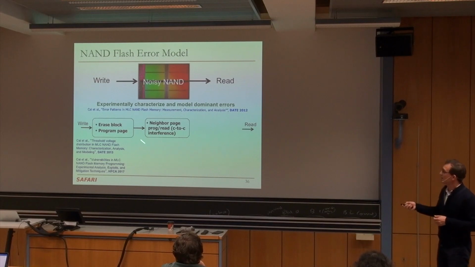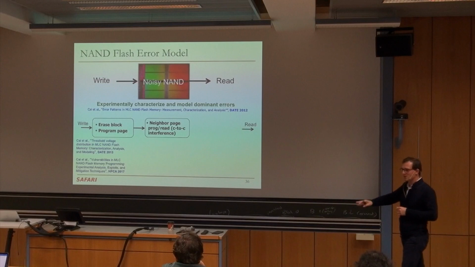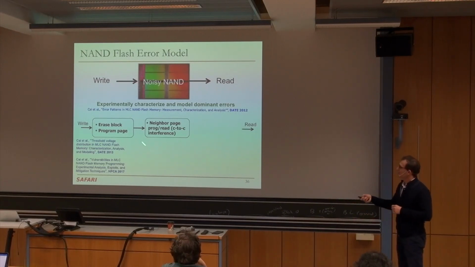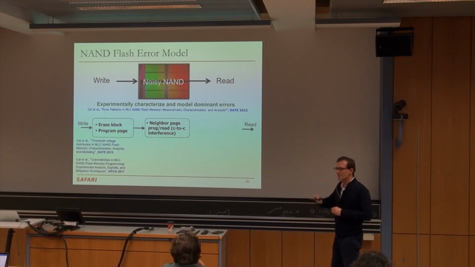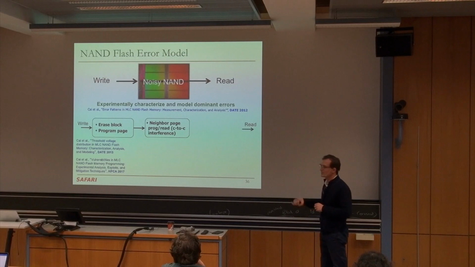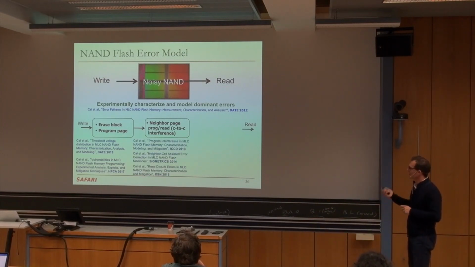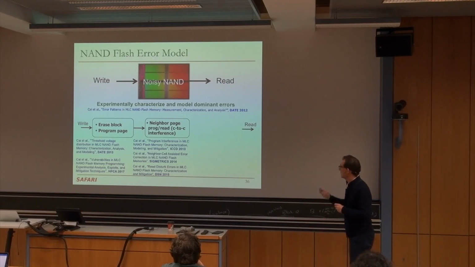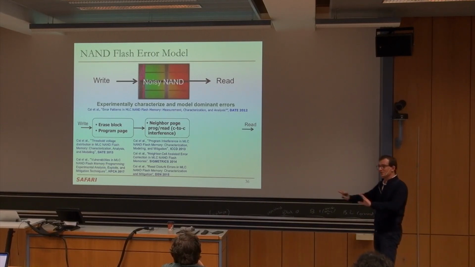And then while the cell is sitting there, you're not even touching the cell anymore. You programmed it, you erased the block, you programmed the page, fine. Now some neighbor page gets programmed, and whatever you have in the cell gets disturbed because of cell-to-cell interference. You need to understand that, and there are ways of understanding it and ways of building mechanisms to overcome it. We're going to talk about that. That happens even if nothing else is happening around the cell.